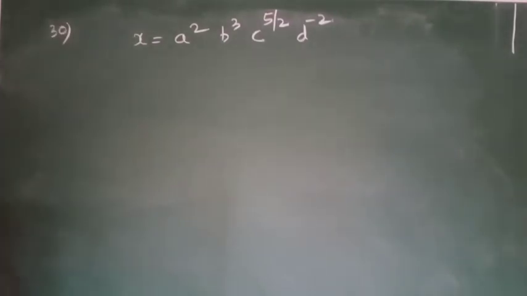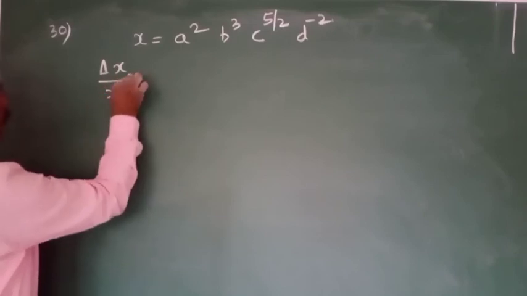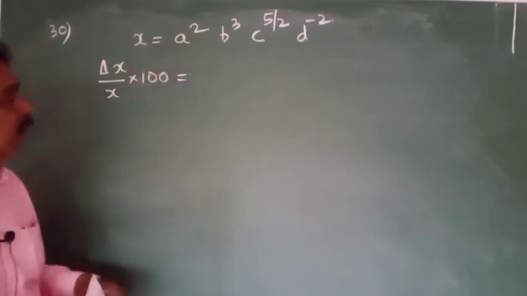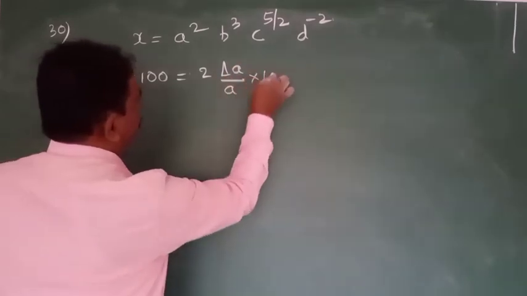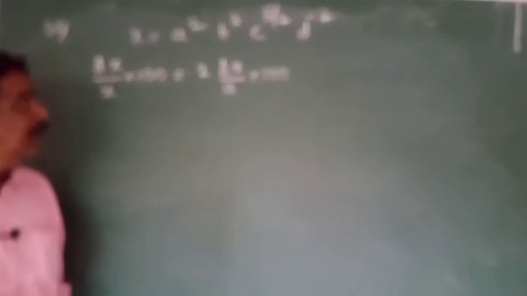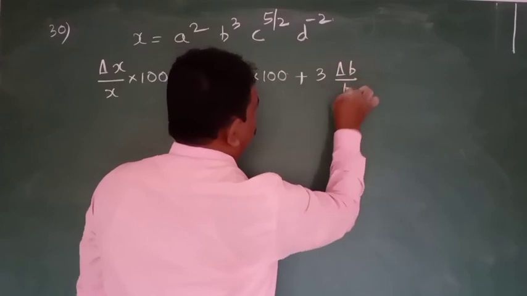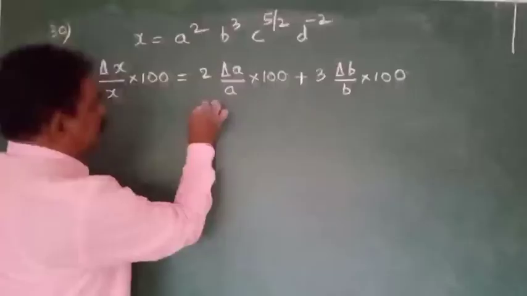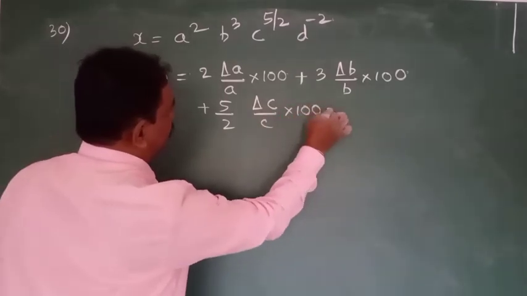How to write this: delta X by X into 100 is equal to, the power you have to write first, 2 into delta A by A into 100, plus B power 3, so 3 into delta B by B into 100, C power 5 by 2, delta C by C into 100.